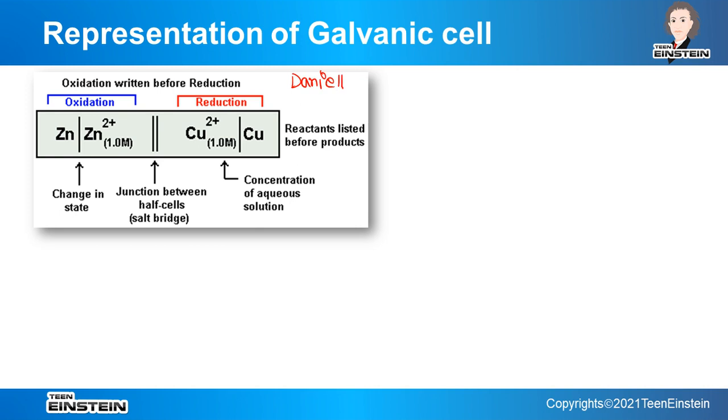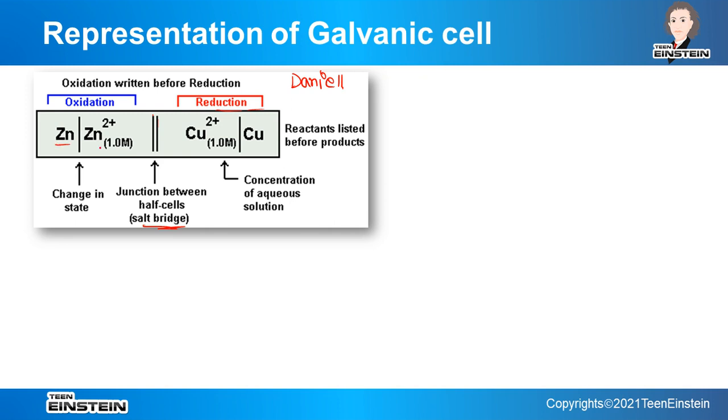So oxidation will take place on the anode side, which, when you are drawing the cell diagram, is on the left hand side. And when you are representing the cell, then also it is on the left hand side, and reduction on the right hand side. This parallel sign that you are seeing here signifies the salt bridge, that is the junction between the two half reactions.